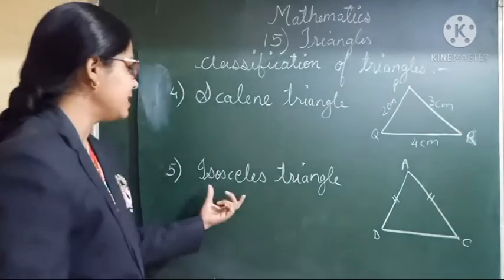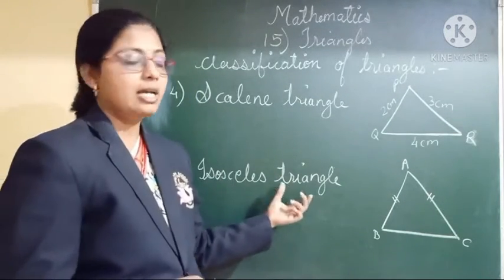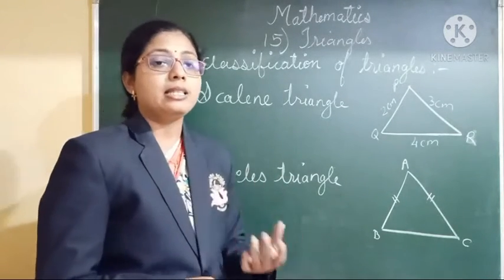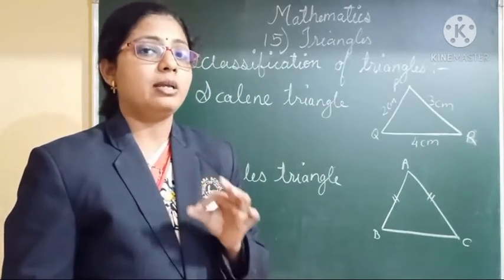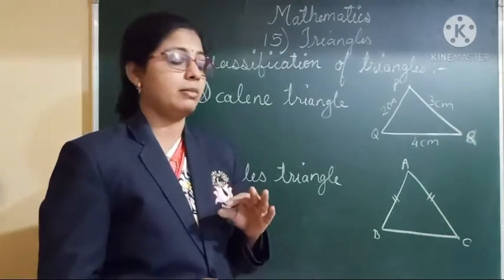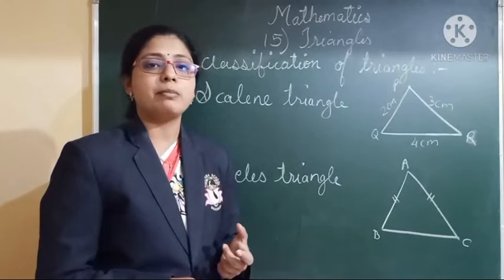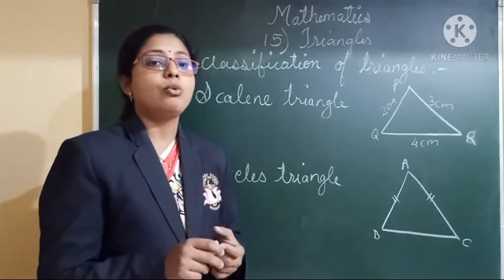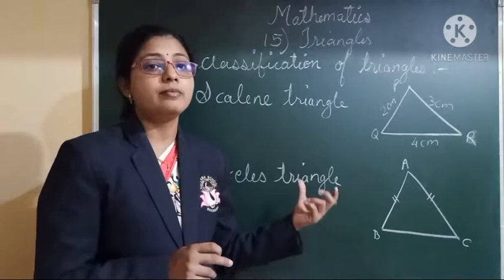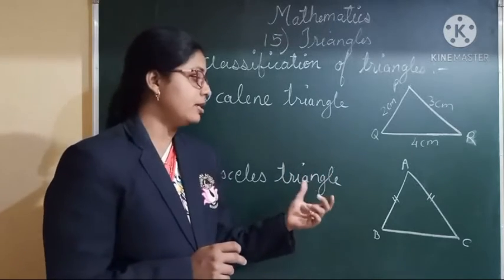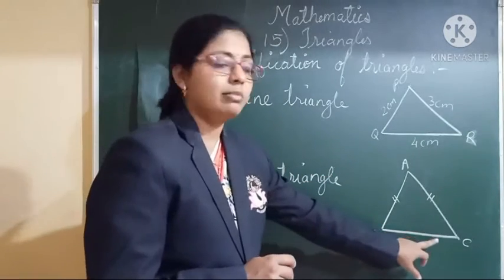Then the next is isosceles triangle. In isosceles triangle, you have to keep in mind two properties. Very important things, because while solving the examples, you should know what is the speciality or feature of an isosceles triangle. Here you can see the triangle ABC.